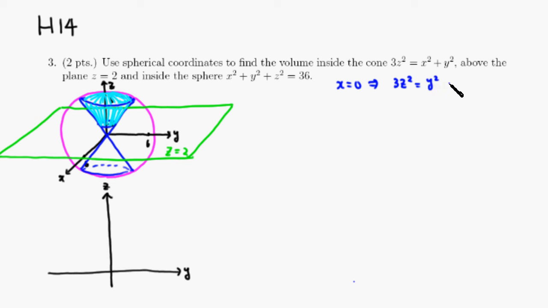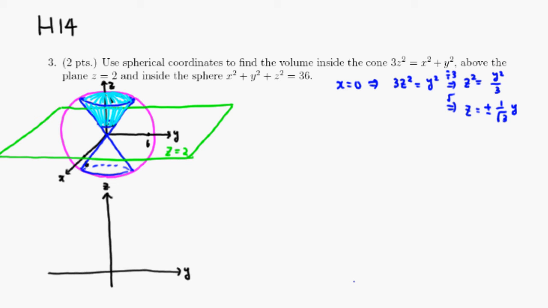Dividing by 3, z squared is equal to y squared over 3. Then we can take the square root, so z is equal to plus or minus 1 over square root of 3 times y. So the slope is 1 over square root of 3.